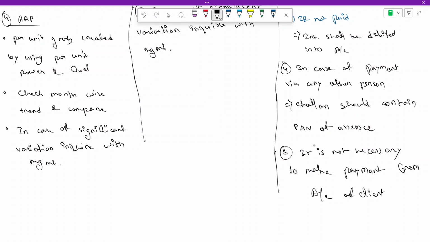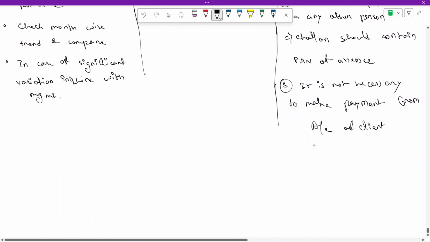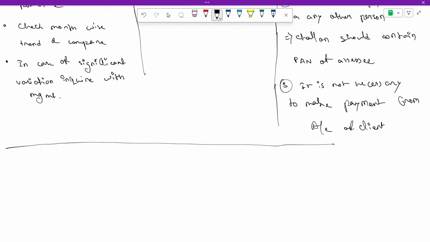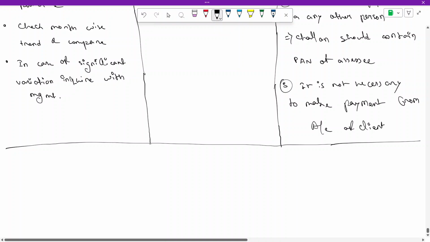Now comes the notes to accounts part. It is the last part of the financial statement and this chapter. So your chapter will be over after discussion of this part.